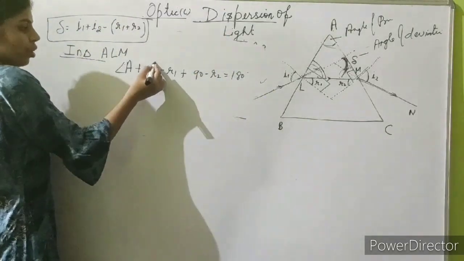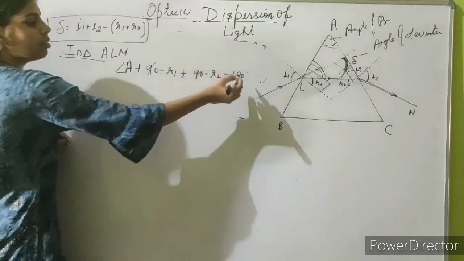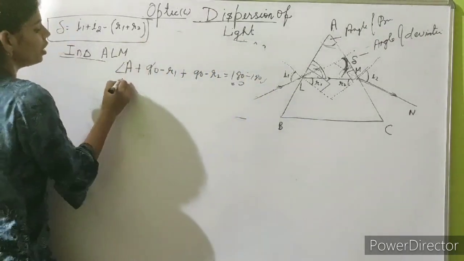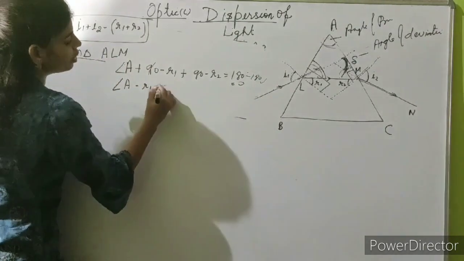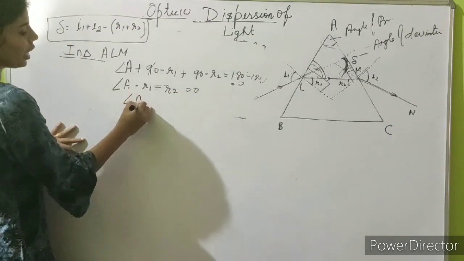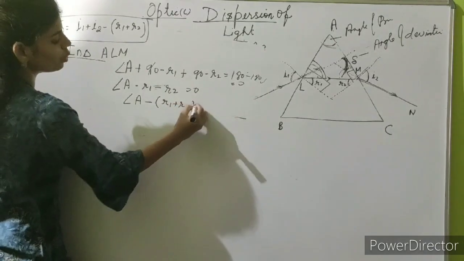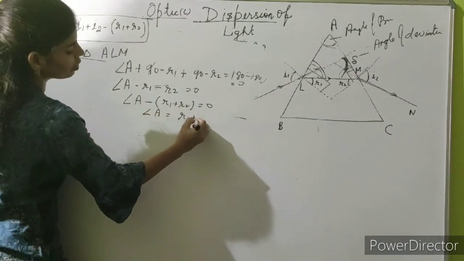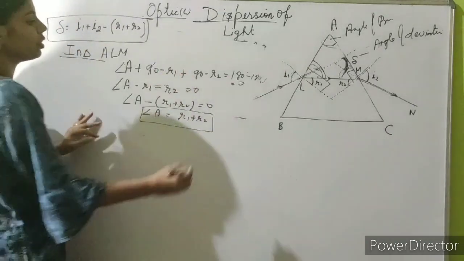Now, 90 और 90 को हम उस तरफ शिफ्ट करेंगे तो it would be 0 minus 180 और ये आ जाएगा 0. Now angle A minus angle R1 minus angle R2 is equal to 0. Now I can write A minus (R1 plus R2) is equal to 0, and I can write A is equal to R1 plus R2. This is the second result.